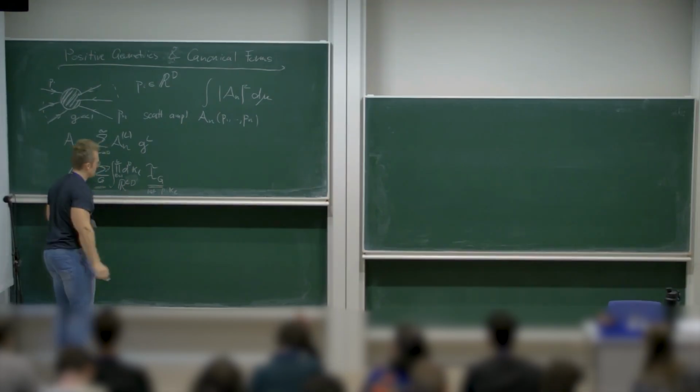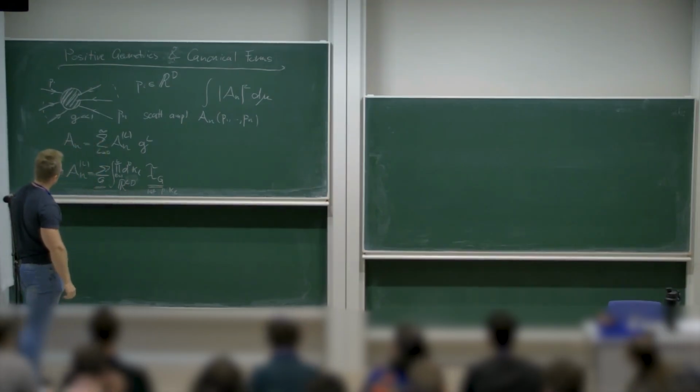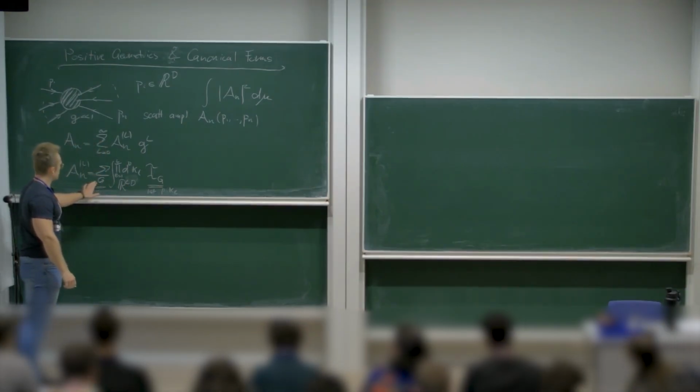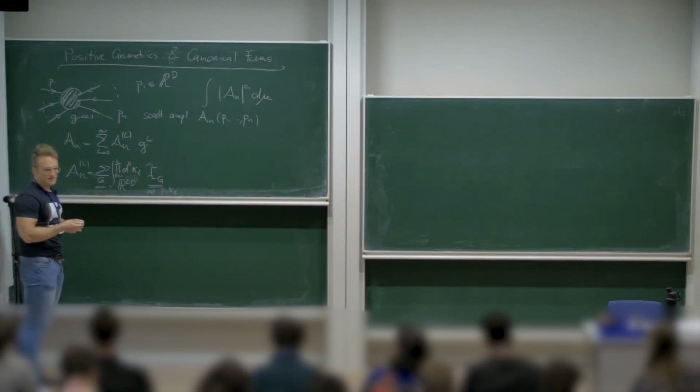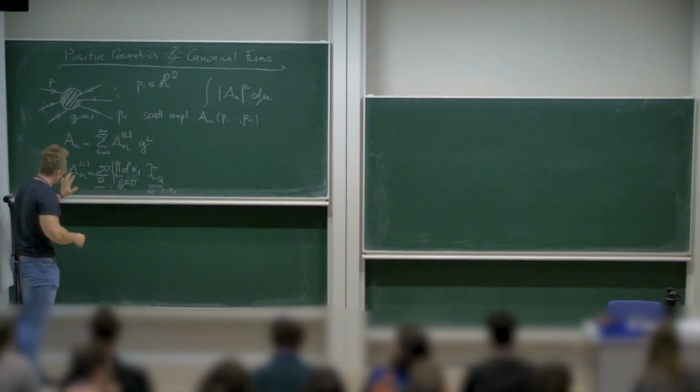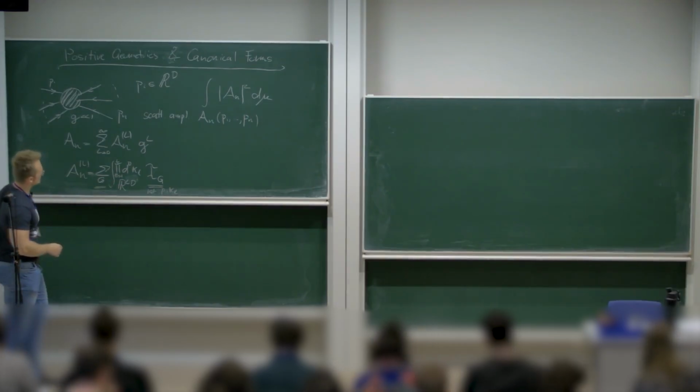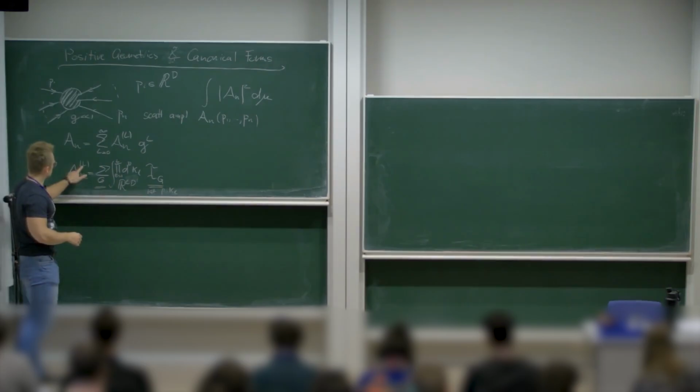So we have a rule for every quantum field theory on which set of graphs to consider, to each of which we associate a rational function, and the further step is to actually integrate these rational functions, and then we get a very complicated function of the P_i's for each fixed loop L.